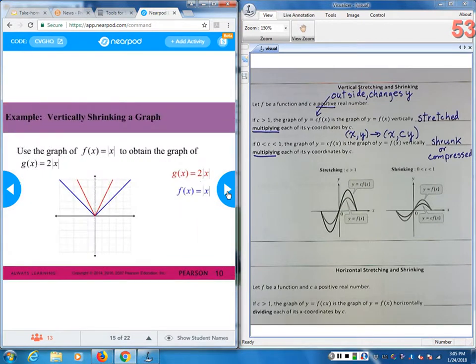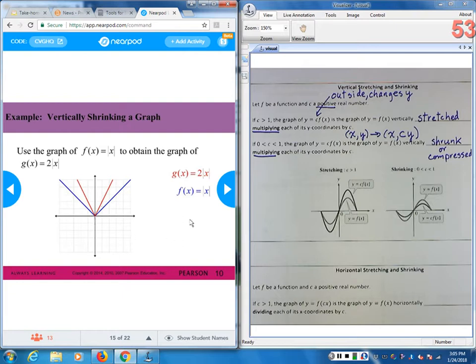So there's an example. If we've got 2 times the absolute value of x, it's the red line. We're multiplying each y coordinate by 2. So the point (0, 0) stays there, but the point (1, 1) becomes (1, 2).